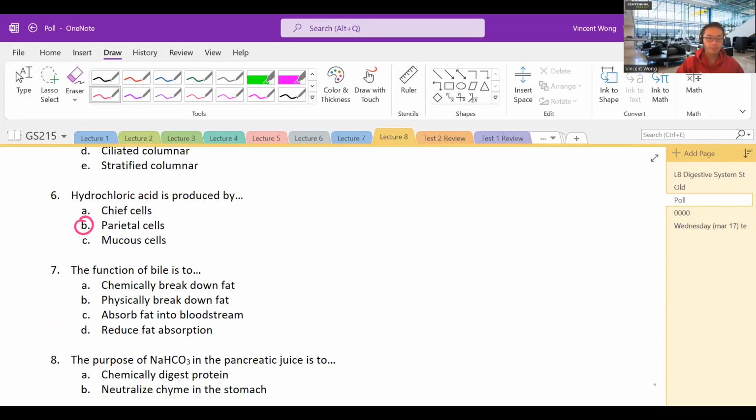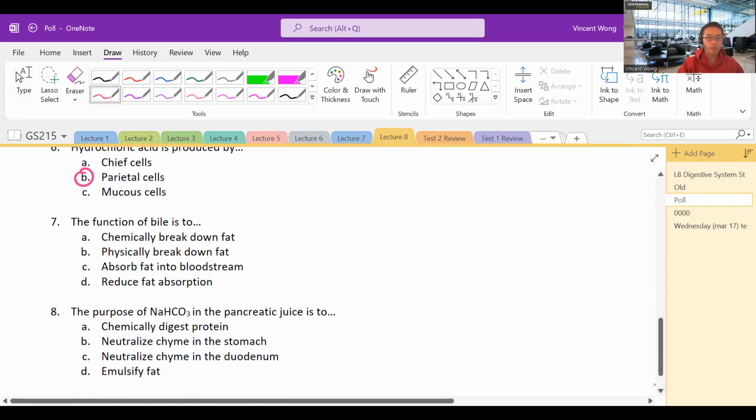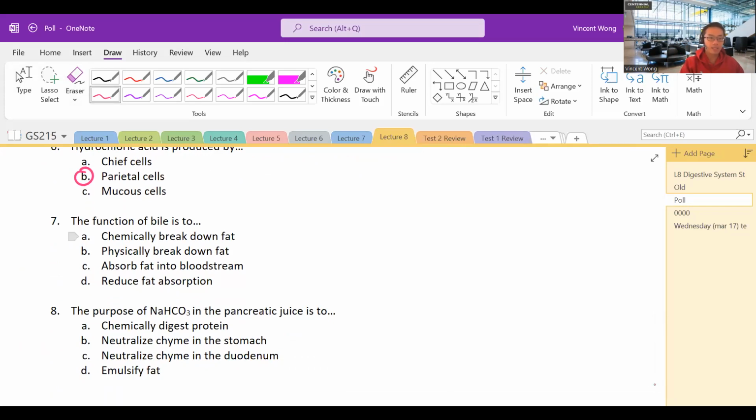I'm just going to take up the other ones with you. The function of bile is to chemically break down fat. That's not it. That would be the function of lipase. Bile physically breaks down fat. The emulsification is to break it down into smaller droplets. To absorb fat into the bloodstream, that's the function of the lacteal.